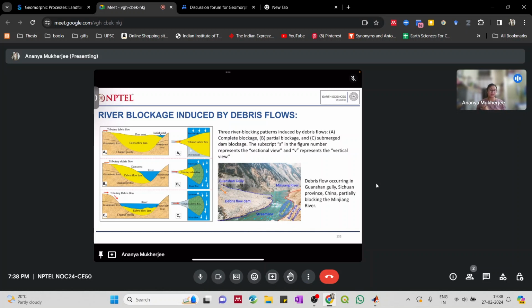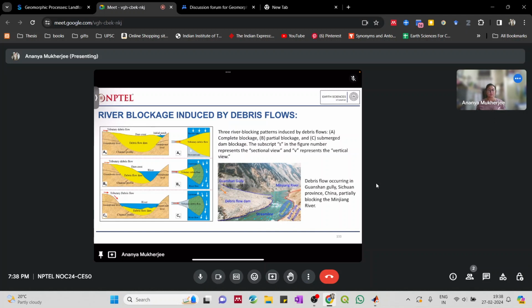If a lot of debris is contained in one region, then with a sudden increase in discharge, all this collected debris and sediment can flow and obstruct the flow of the river in the downstream region also.